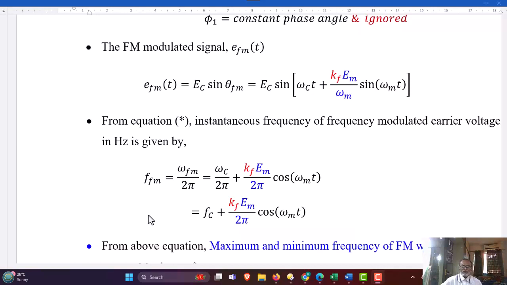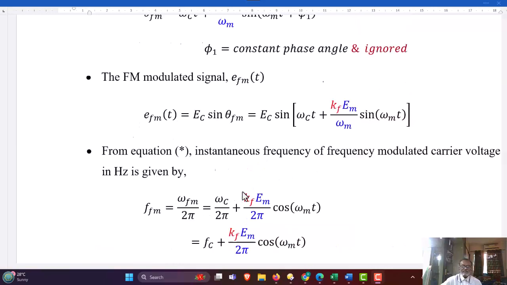Omega is equal to 2 pi f, and therefore f is equal to omega by 2 pi. And therefore we get f FM is equal to omega FM by 2 pi. Substitute the value of omega FM here, that is omega c by 2 pi plus kf into Em cos of omega m t by 2 pi.